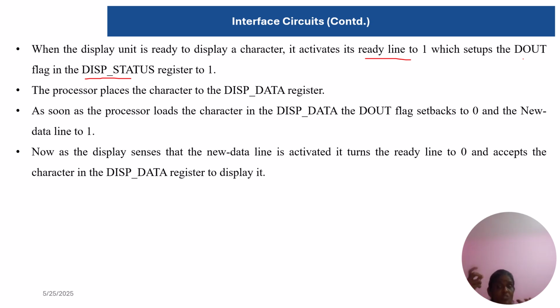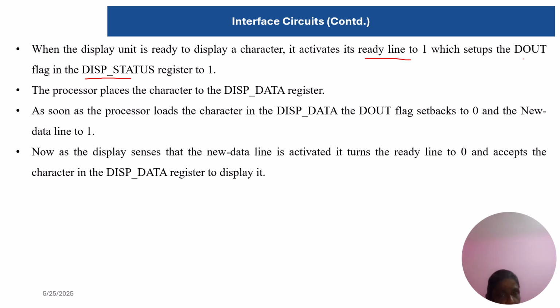Now it has to make the status flag 0, and only then will it be ready to take a new character for display. That is why the flag comes to 0 and the new data line to 1.